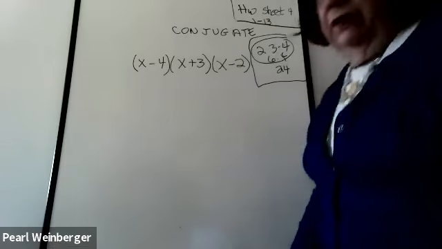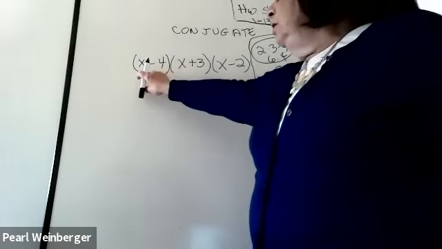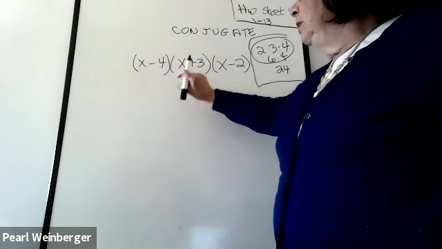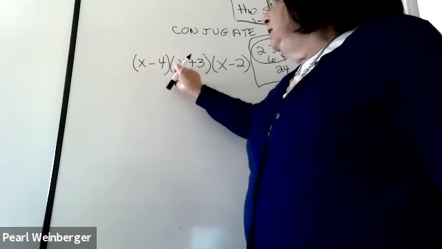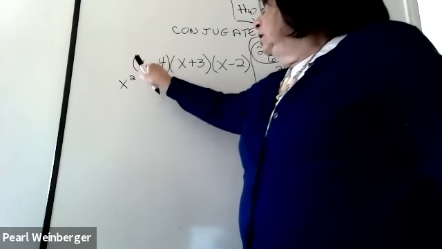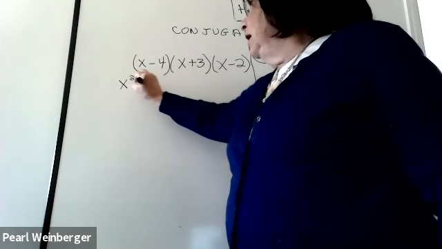Okay, I think we had enough time. Let's see if we can do this now. I'm first going to multiply the x minus 4 times the x plus 3. If I do that, I'll use FOIL. I'll do x times x is x squared. Outer, x times 3 is plus 3x.